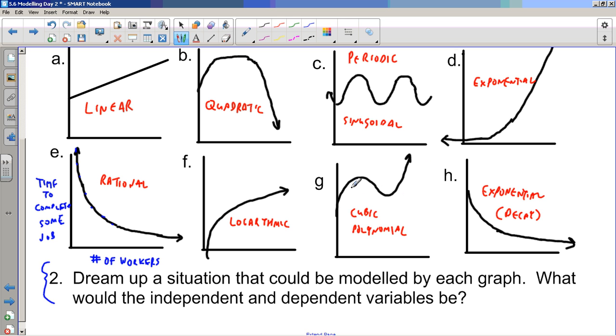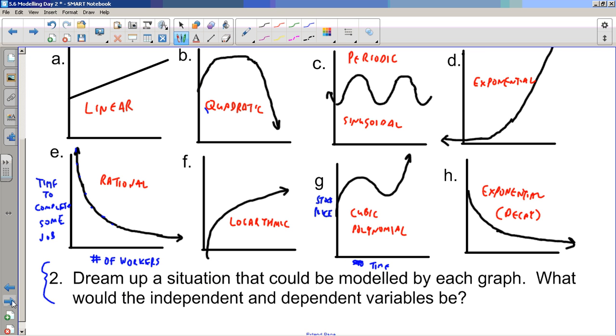Cubic polynomial: it's hard to find data that is modeled nicely by a cubic polynomial, but it might be a stock price over some time frame, where it goes up for a little bit, then down, and then back up. But of course, if yours makes sense, you stick with your ideas. If you want to ask whether you're right or not, don't be afraid to ask in class.